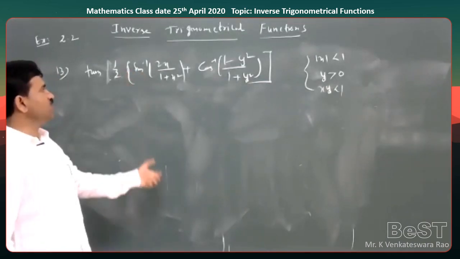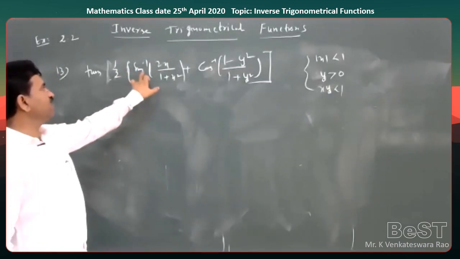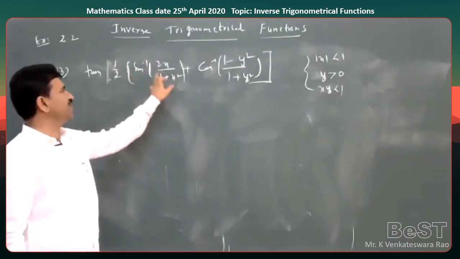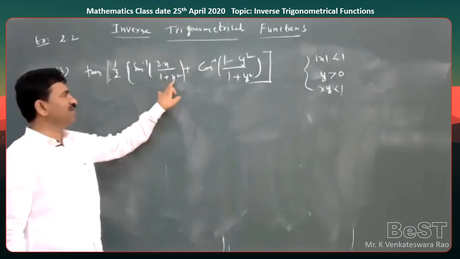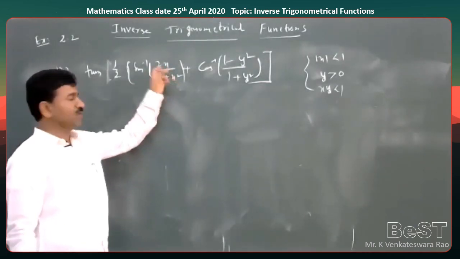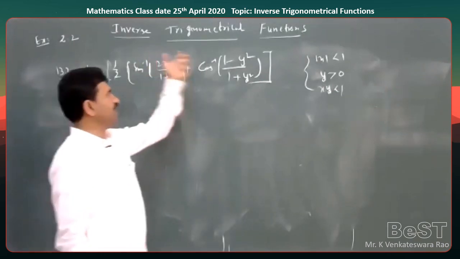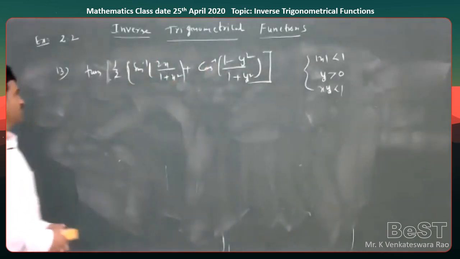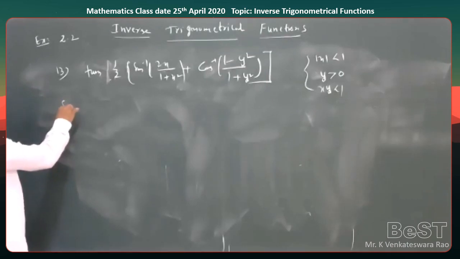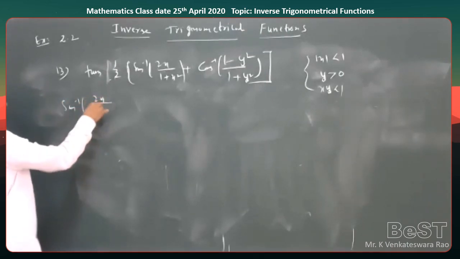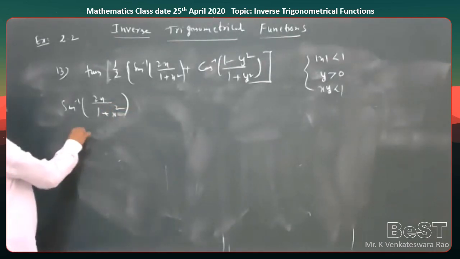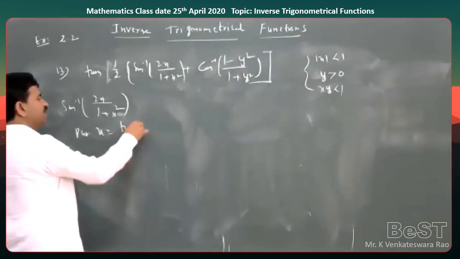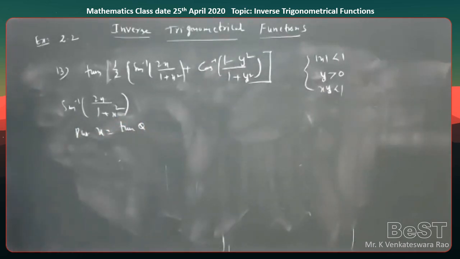Now see this one. From the PUC point of view it is compulsory: first we simplify the sine inverse of 2x by 1 plus x square by taking x equal to tan theta, giving 2 tan theta by 1 plus tan square theta, which is sine 2 theta. We simplify this one and that one separately. Do this one first. We finished this problem already. Put x equal to tan theta.